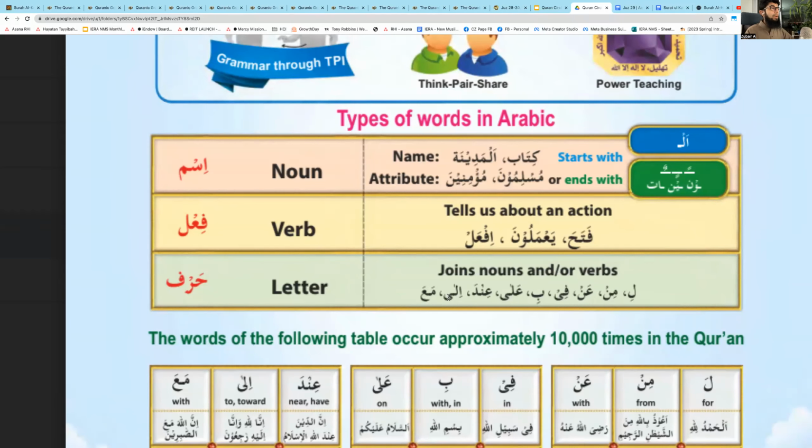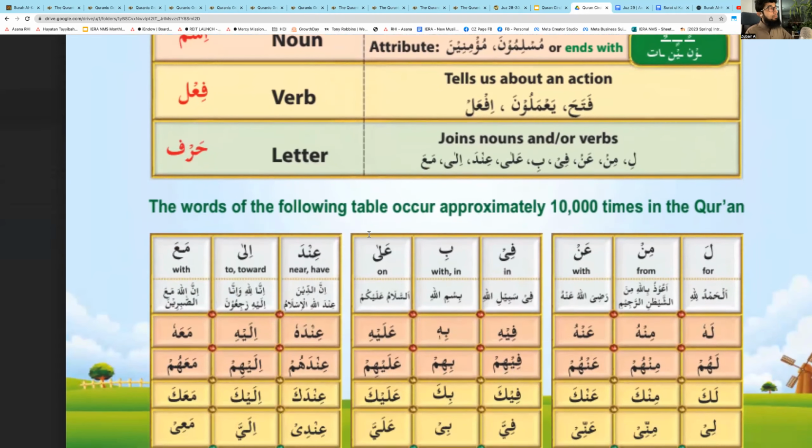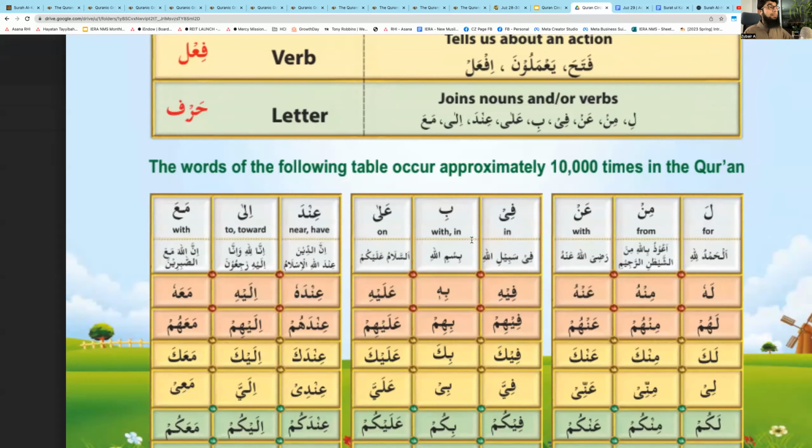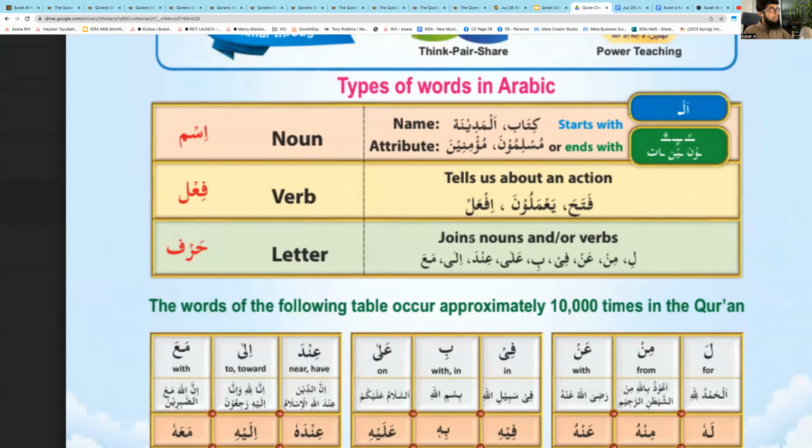These are also called prepositions. If you look at it, it's saying the following table approximately comes 10,000 times in Quran. So if you understand these prepositions, they can tremendously help you. We will see them as we come to them through the different verses that are under study.